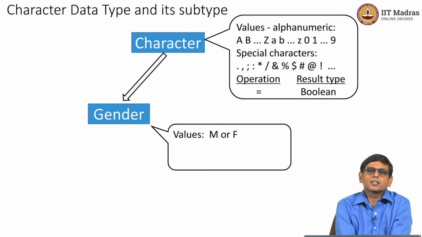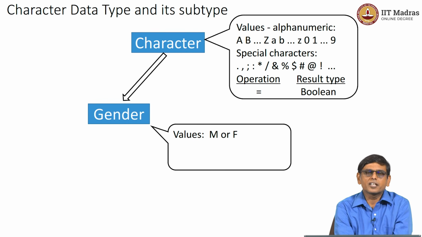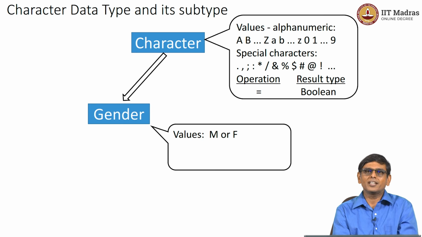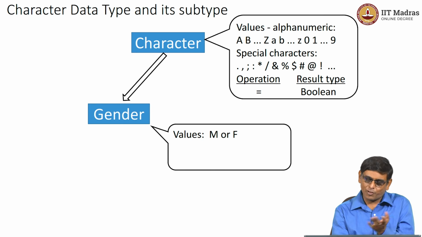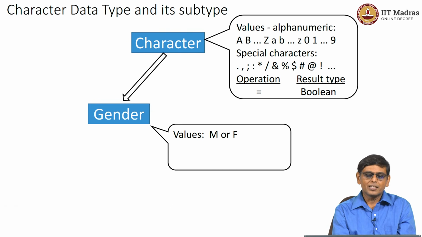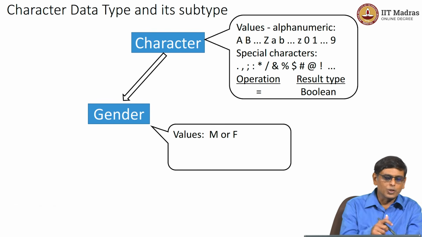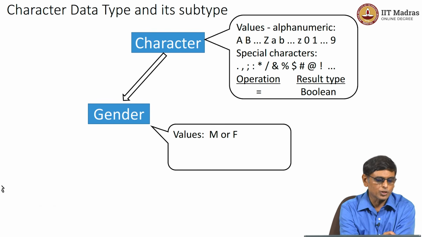So the gender data type is a subtype of the character data type, where only 2 character values are allowed, M and F. If you try to assign to a gender any character other than M and F, for example A or 1, it would give an error. It should not allow it. So there are only 2 possible values for the gender data type.